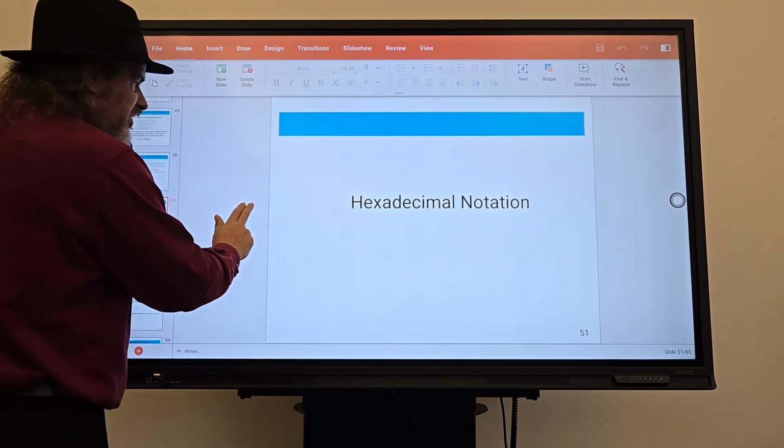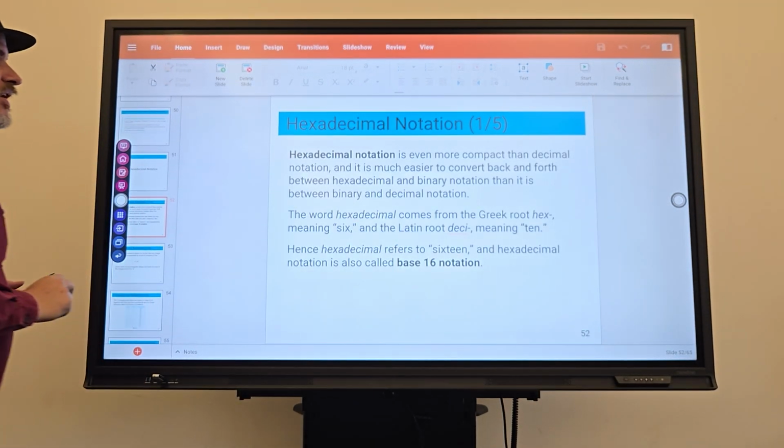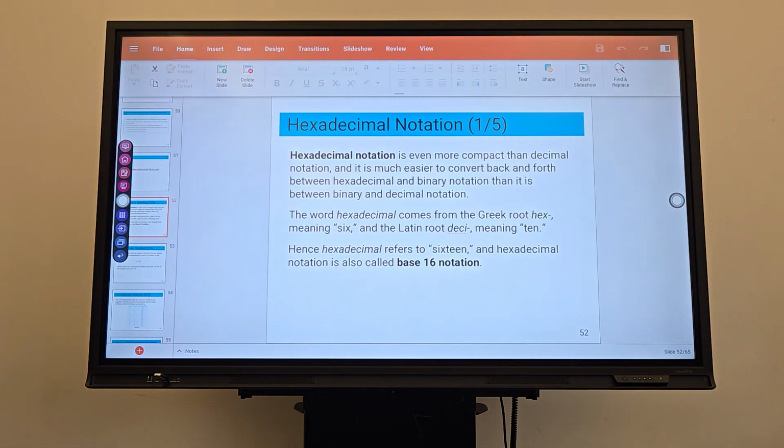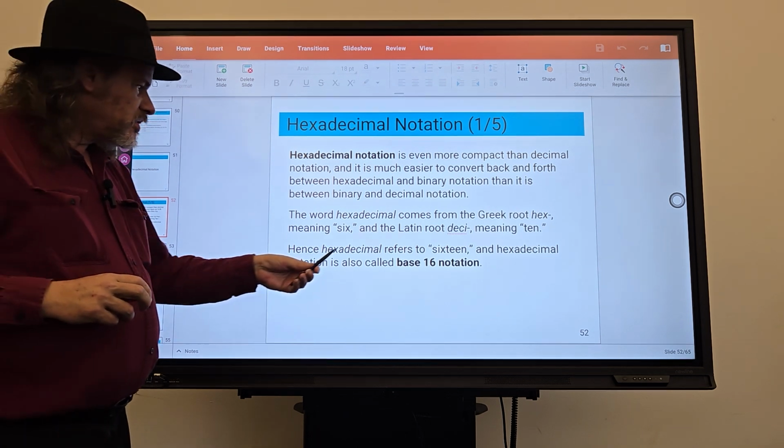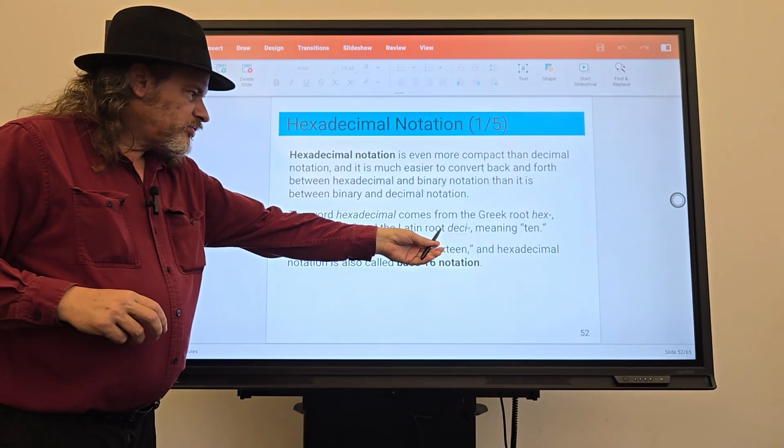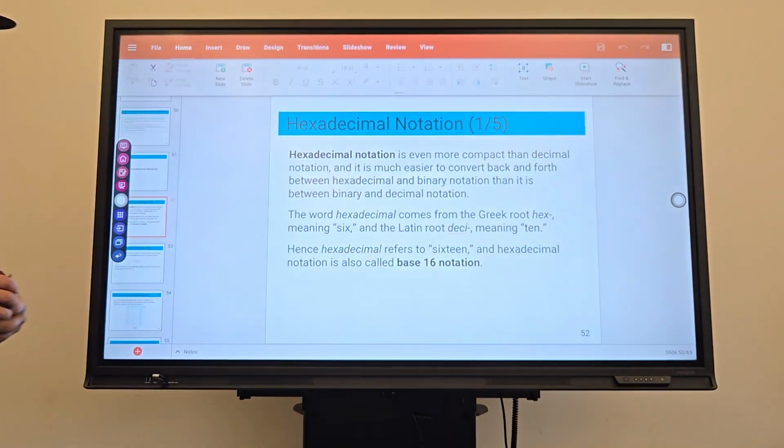Hexadecimal is base 16. So it's more compact than decimal, because each digit can be arranged in the range of 0 to 15. And again, they're using the word root when it's a prefix, not a root.